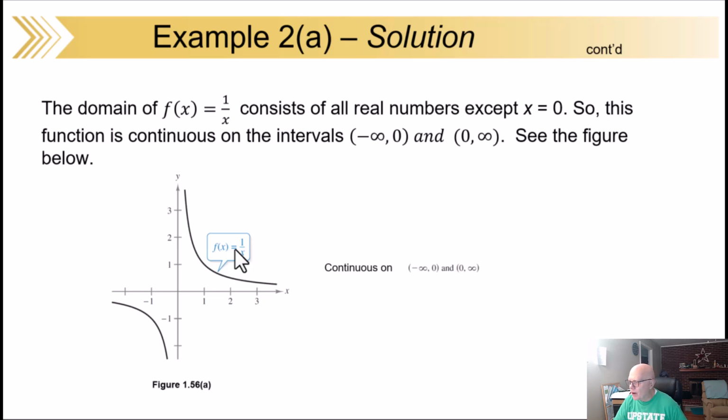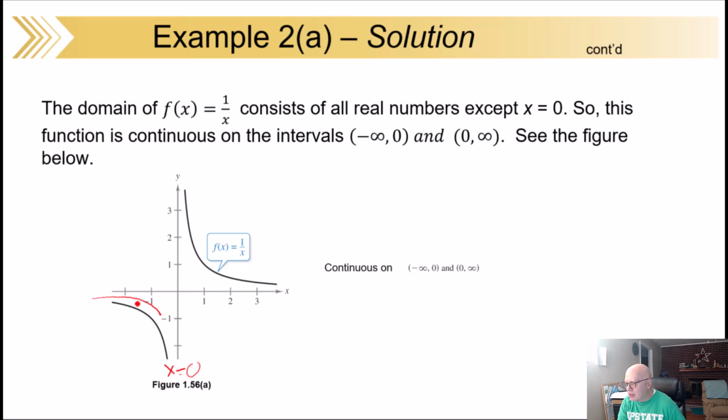So here's 1 over x. I hope you actually tried that for yourself. Notice as it approaches that nasty x equals 0 down here, as it gets closer to x equals 0, it goes a little bit nuts. It's not going to connect to the right side. You've got a discontinuity between here.